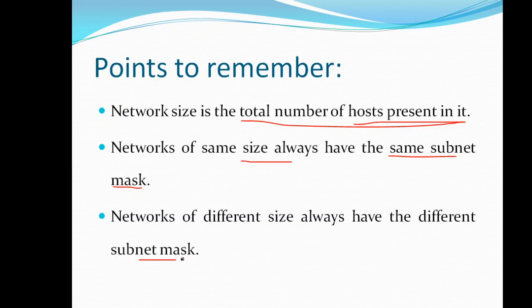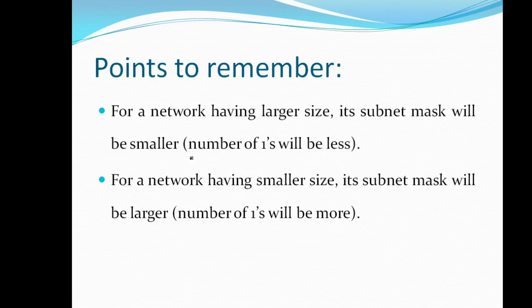For a network having a larger size, meaning a larger number of hosts, its subnet mask will be smaller. For a network having a smaller size, its subnet mask will be larger, so the number of ones will become more.